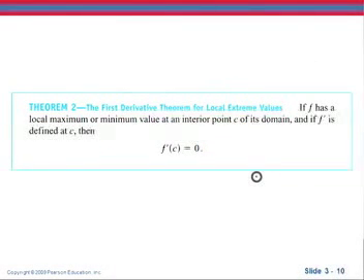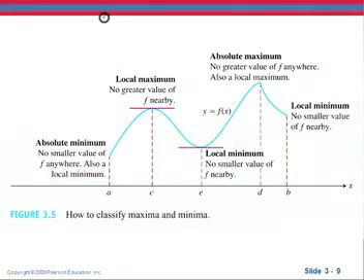Now the first derivative theorem for local extreme values says if f has a local maximum or minimum value at an interior point c of its domain, and if f prime is defined at c, then f prime of c equals 0. What that tells us is that if we have a local maximum or minimum at an interior point and f prime is defined, then the slope of the graph there is 0. If we go back one slide and we look at these three places in the interior where we have local maximums and minimums here, you can see that the slope of the graph is 0.